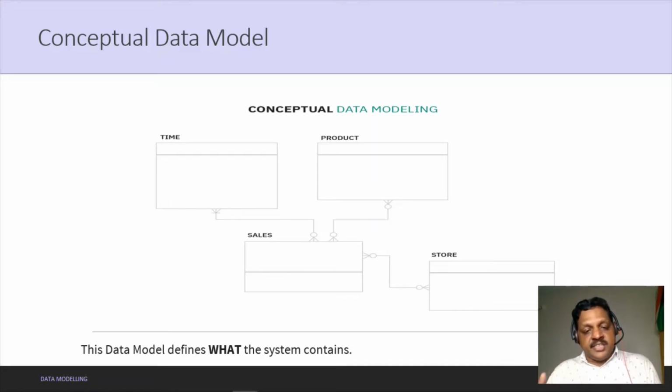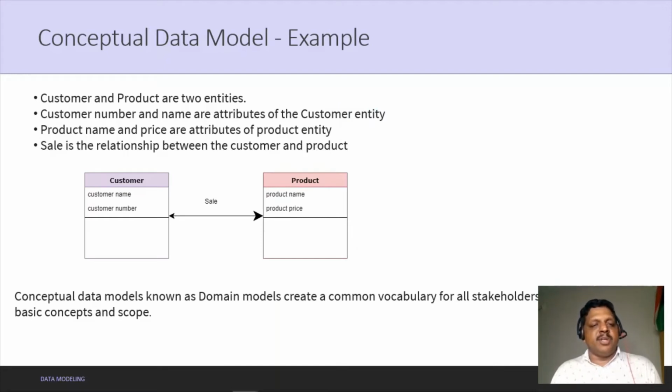But the 3 basic tenets of conceptual data models are entity, a real world thing, attributes, characteristics or the properties of an entity, and relationship, dependency or association between 2 entities. To show you an example of a conceptual data model, imagine a customer and product. Customer and product are 2 entities.